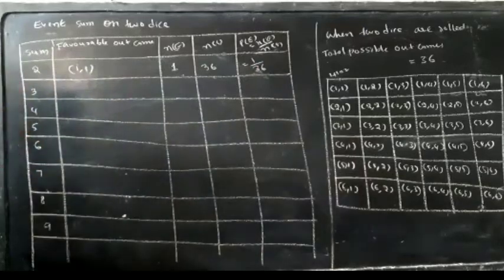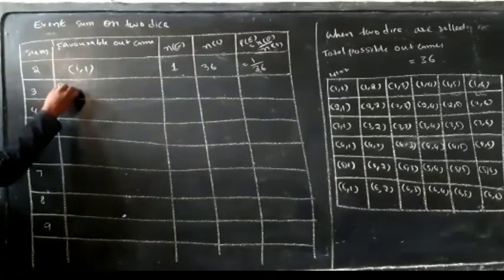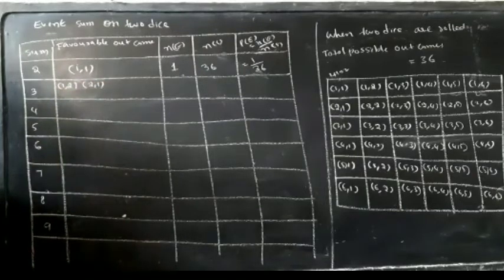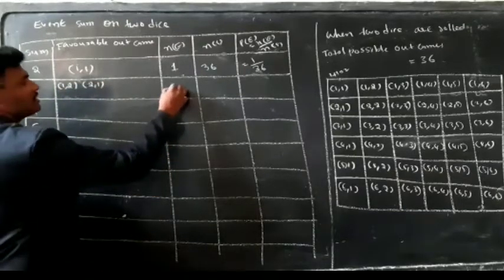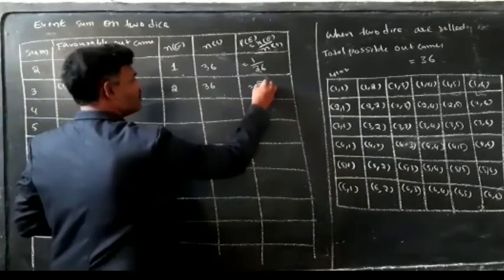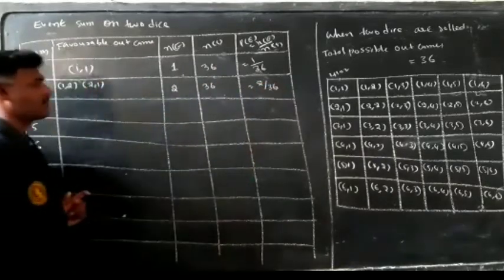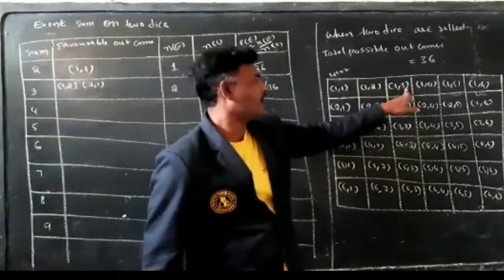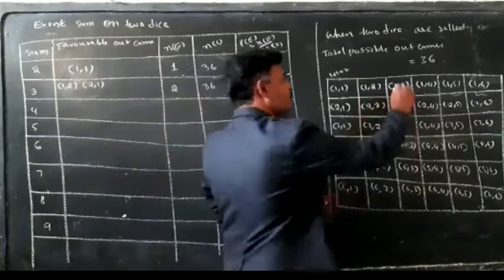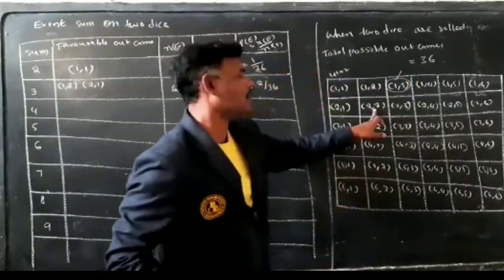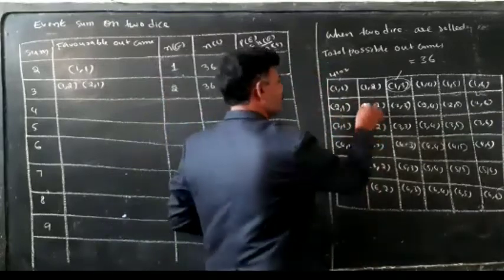Next, sum as 3. Here we have chances 1,2 and also 2,1. How many chances? 2 chances. Total possible outcomes 36, so 2 by 36. Next, sum as 4. See here: 1,3, 1 plus 3 is equal to 4. Next 2,2, 2 plus 2 is equal to 4.